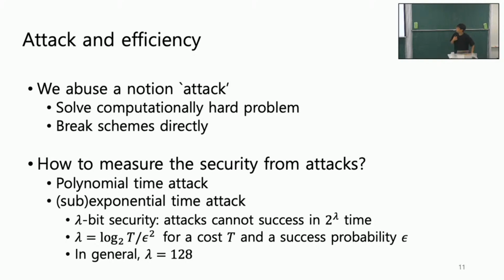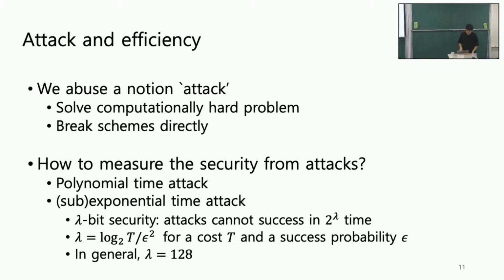When you have a polynomial time attack, then the conclusion is simple. We do not use the scheme anymore. However, when you have an algorithm which takes exponential time or sub-exponential time, then how do we measure the security from the attack? So a concept of lambda-bit security was proposed.